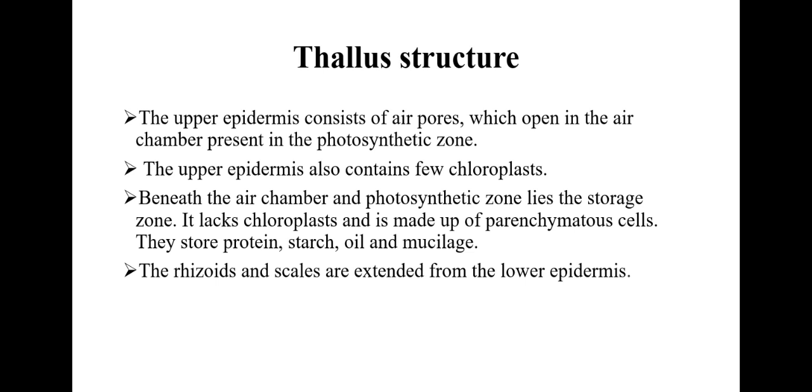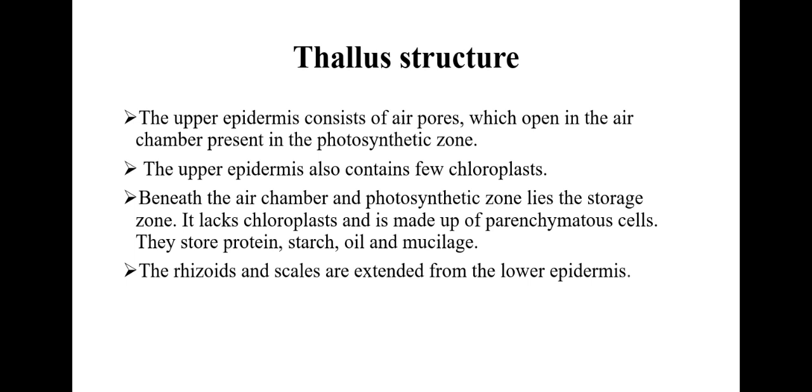So let's take a brief view of the thallus structure, which helps to understand the reproduction. The upper epidermis consists of air pores which open into the air chambers present in the photosynthetic zone. The upper epidermis also contains a few chloroplasts, and beneath the air chamber and photosynthetic zone lies the storage zone. It lacks chloroplasts and is made of parenchymatous cells.